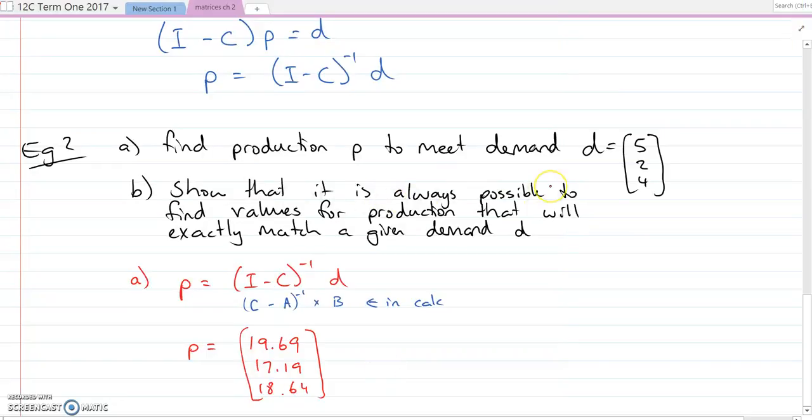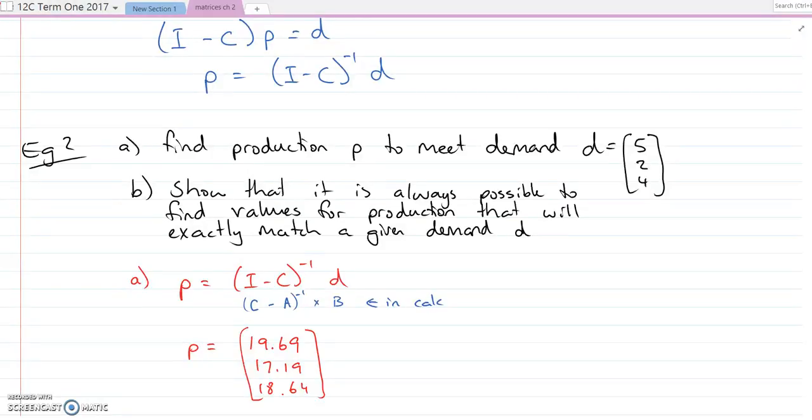Show that it is always possible to find values for production that will exactly match a given demand D. Okay, so showing that there will always be values is basically showing that P cannot be negative numbers.